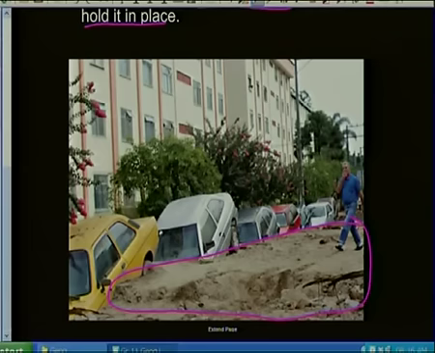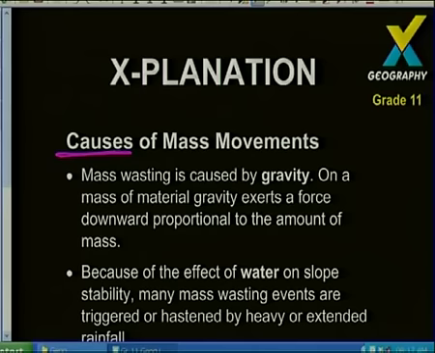One of the aspects that you need to understand is that you must be able to describe the different types of mass movements that occur. And these are described by the nature and amount of rock material that is moving due to gravity. What causes mass movements?